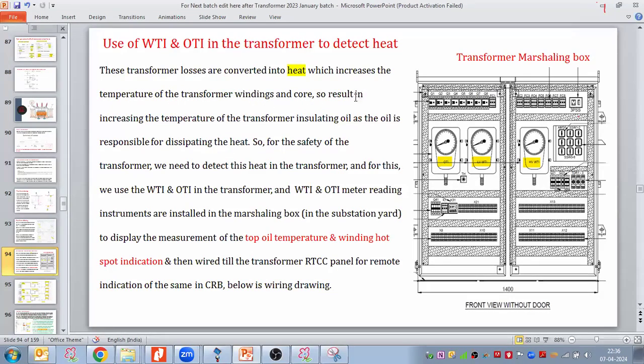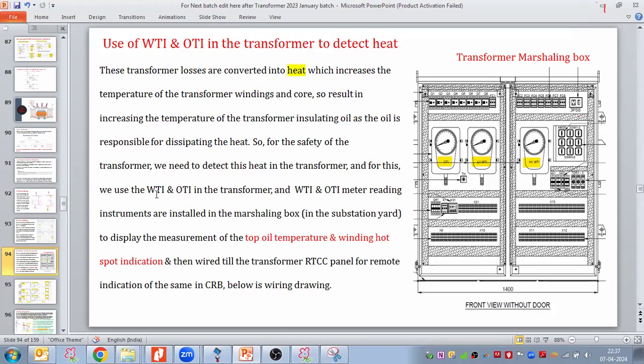So it results in increasing the temperature of the transformer insulating oil, as the oil is responsible for dissipating the heat, and oil is in touch with the core and winding, so oil temperature will increase. So for the safety of the transformer, we need to detect this heat, and for this reason we use the WTI and OTI.